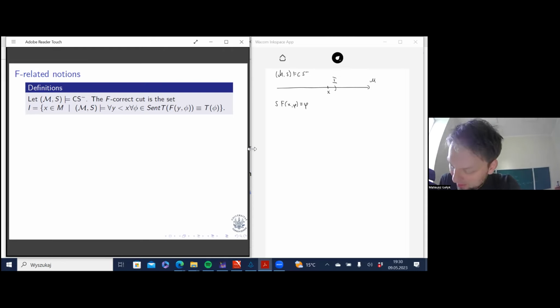So we'll have S of this, that this is satisfied by the empty assignment, right? However, when you take something above this cut, call it y, then you always know that you will be able to find some y prime and some formula phi prime such that we have S of not f of y prime phi prime equivalent to phi prime empty assignment.